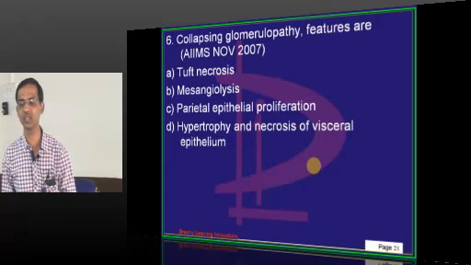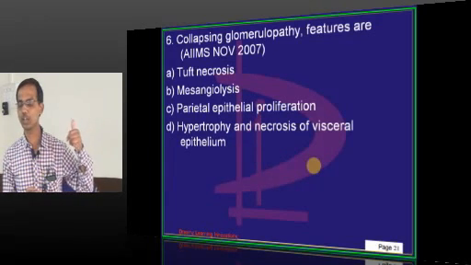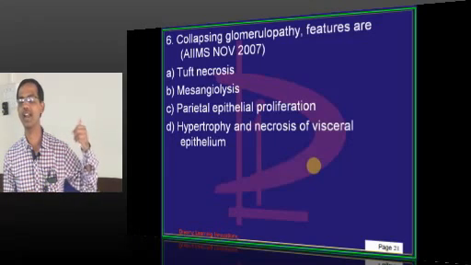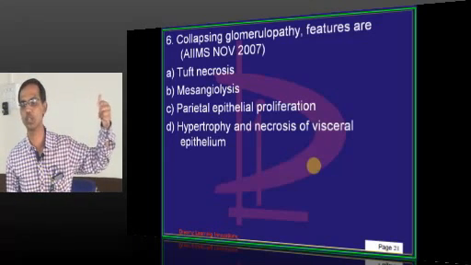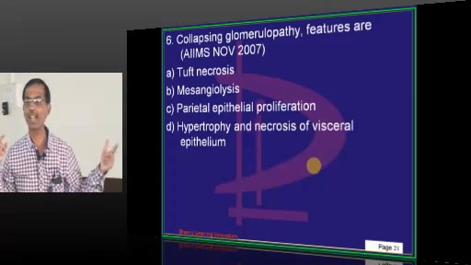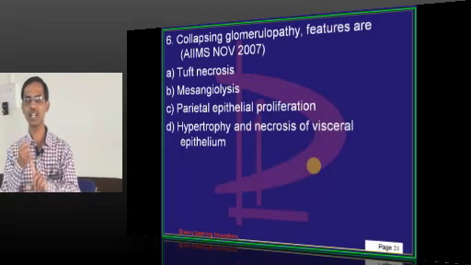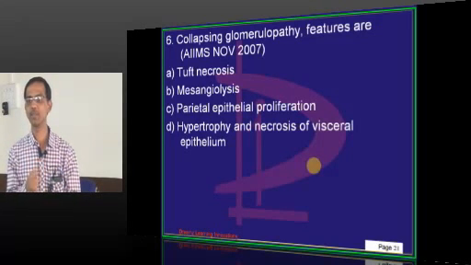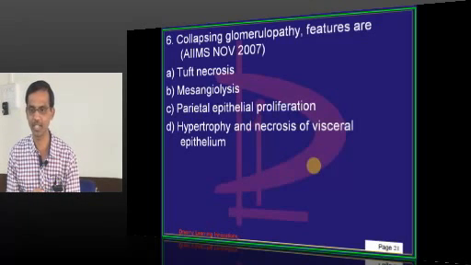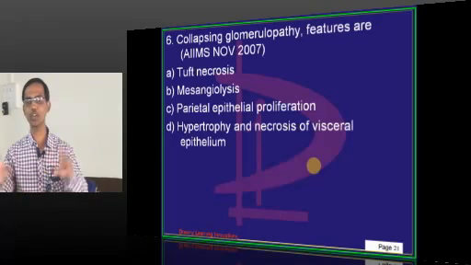There is a slight twist here; they have tried to play around with the words. The tuft undergoes collapse because of fibrosis. The fibrosis is because of necrosis of visceral epithelial cells and secondary hypertrophy. The visceral epithelial cells undergo necrosis, so there will be a lot of proteinaceous material. They are characterized by hypertrophy of the remaining cells.